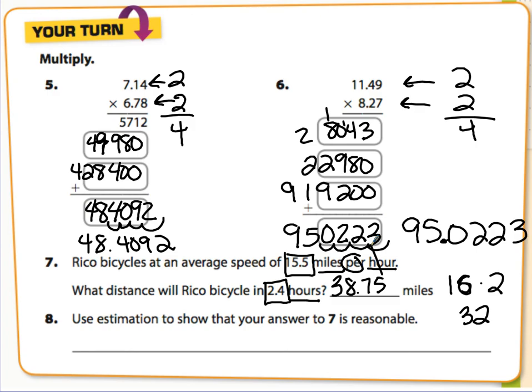Now, I also could have looked at it and said, okay, well, I'm going to round down with the 15 because that's his rate. So if I round down with his rate, but round up with his hours, I know that my biggest answer could have been 45. Right? So I know my answer should have been somewhere between 32 and 45.